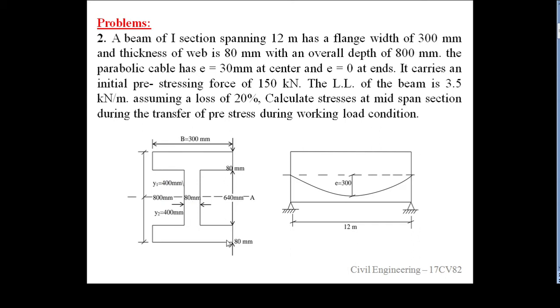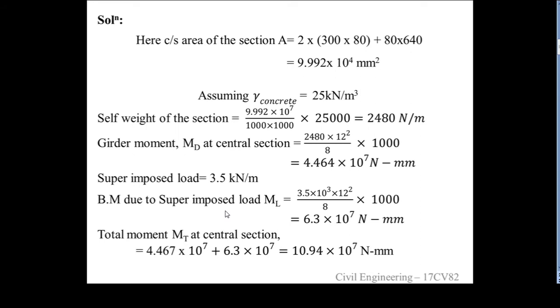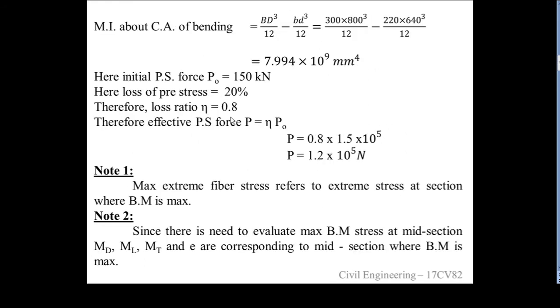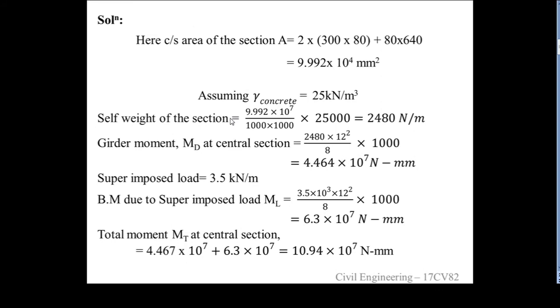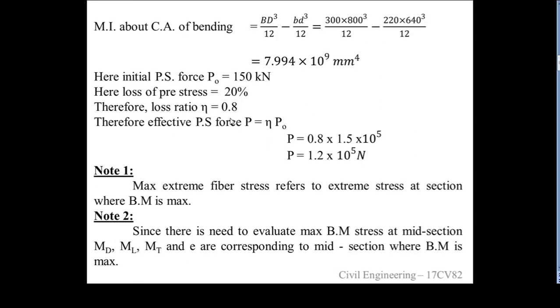Here 800 minus 160, that is 640, is the small d taken. Then coming to the calculation of this I value, big BD cube by 12, that is 300 into 800 cube divided by 12 minus 220 into 640 cube divided by 12, that is 7.994 into 10 raised to 9 mm to the power of 4.